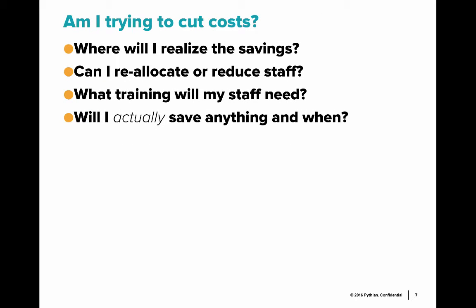Cost is its own sheet because I suspect that many customers are thinking about cloud to reduce costs, and that is probably their number one goal. So, as we design our cloud solution and plan our migration, if I am trying to save money, how am I going to save money and when am I going to save money? If I'm laying out $1 million to do this migration project, will I save it in 1 year, 5 years, that sort of thing?